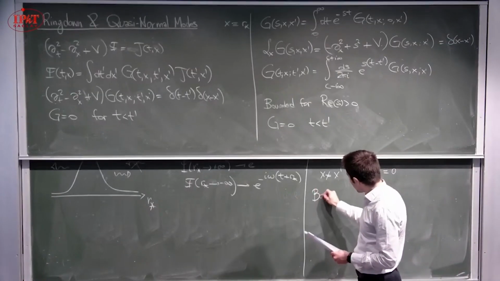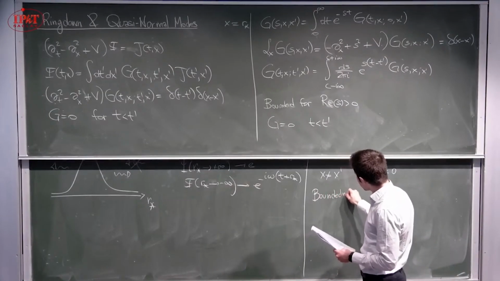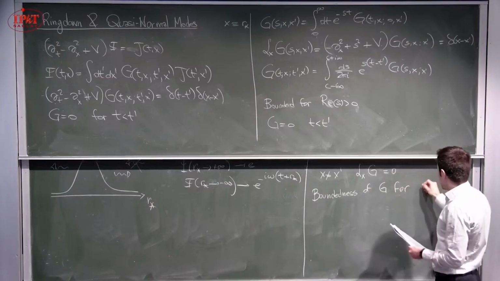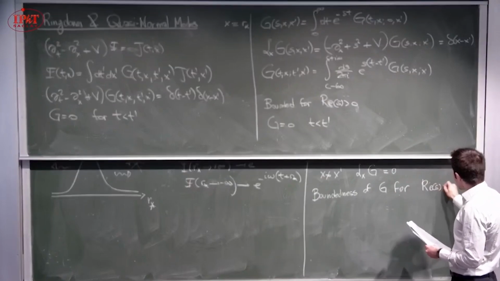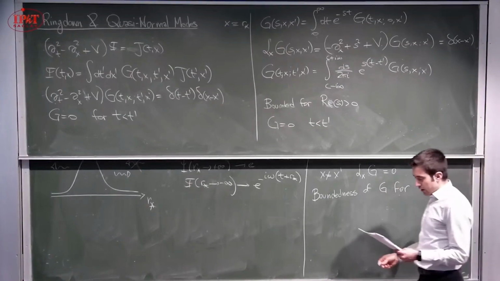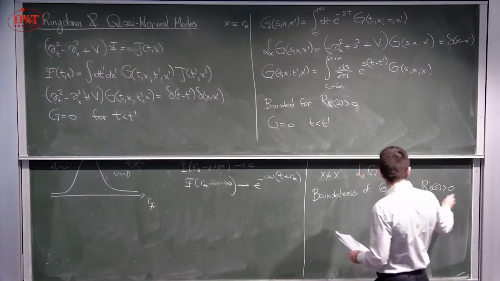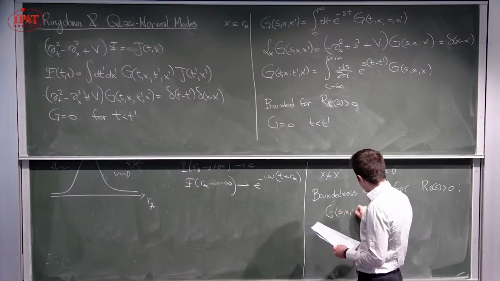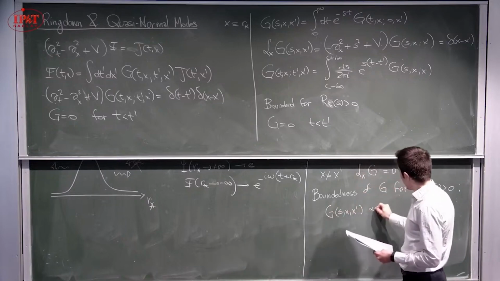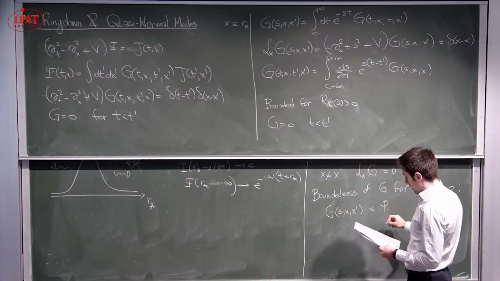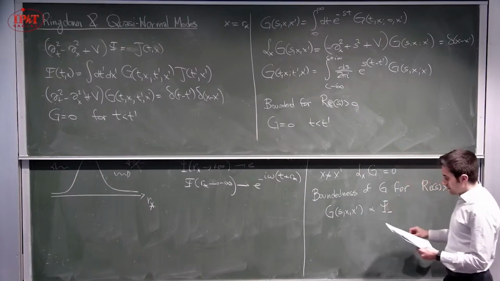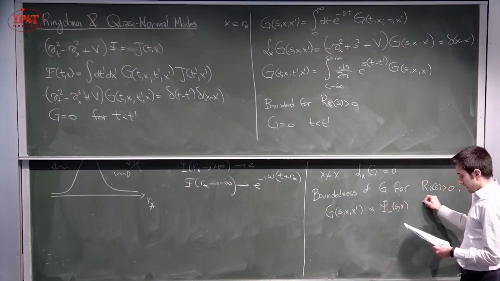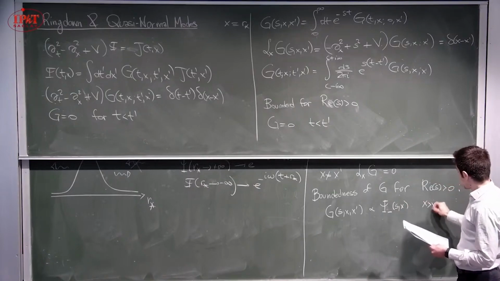Boundedness of G for real part of s positive requires that G as a function of x, x prime is proportional to, let's call it psi minus of x, for x larger than x prime.